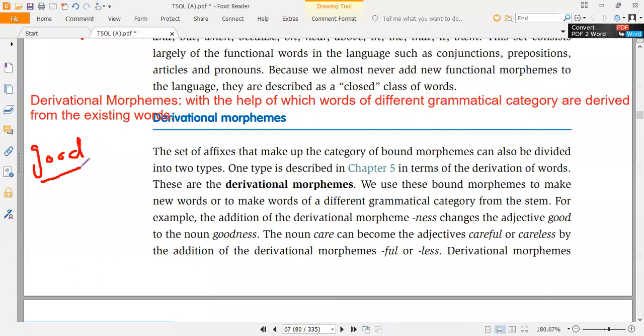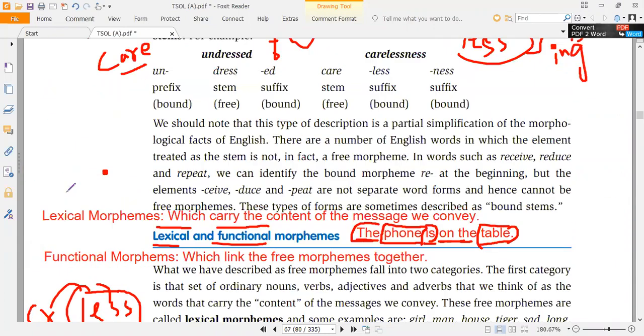The word good is adjective. Okay, it's adjective. But if I add this derivational morpheme ness, right? Goodness, it becomes a noun. It's a noun now. Same as the case with all the previous examples we discussed in the previous class, right?